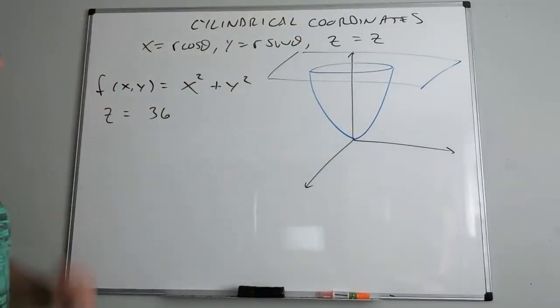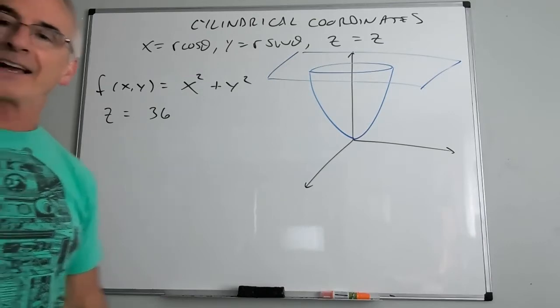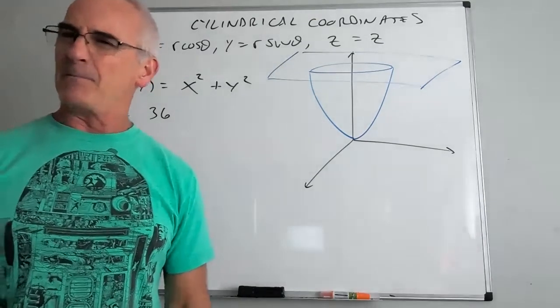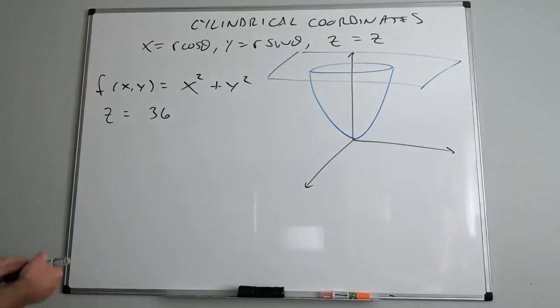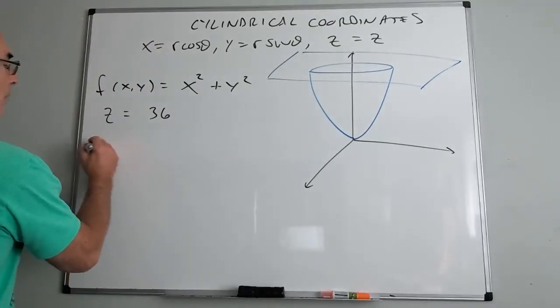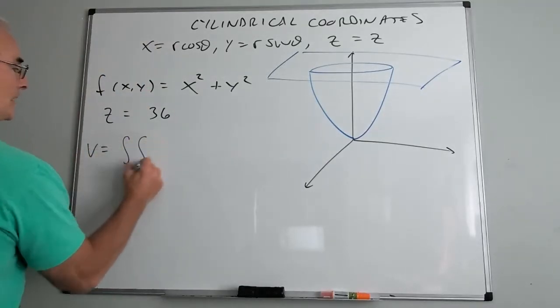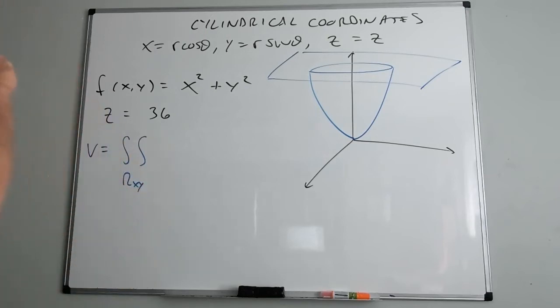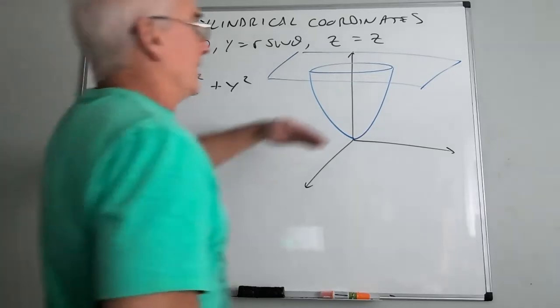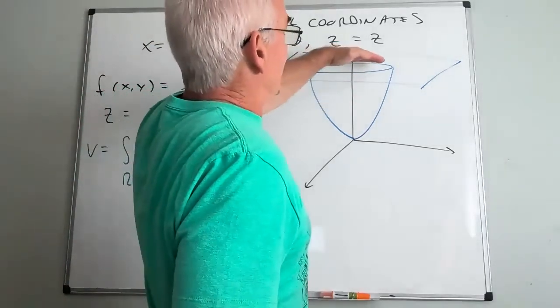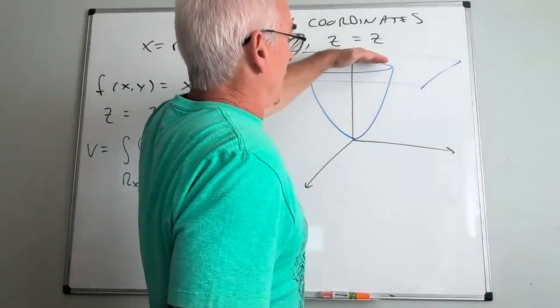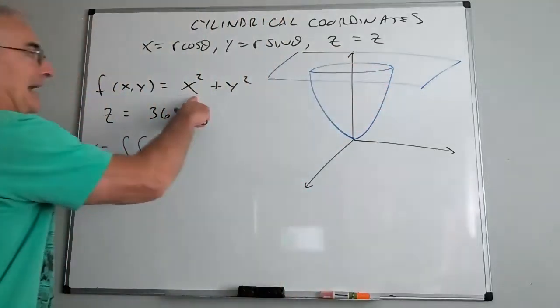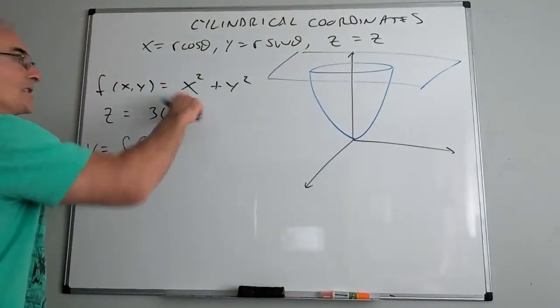Now, I have no doubt that I could set it up correctly in xy, but that might make it a really nasty integration. So in xy world, my volume would be the double integral over the region in the xy plane. Now, how do I set it up? Well, z equals 36 on top and z equals x squared plus y squared on the bottom.